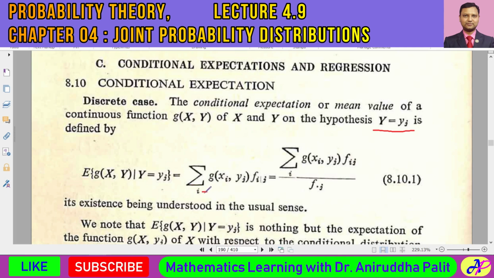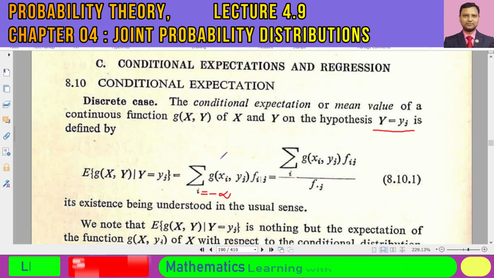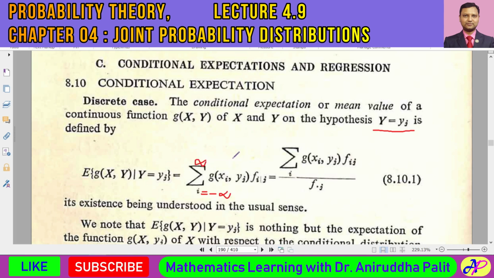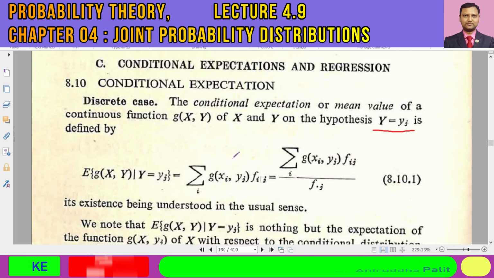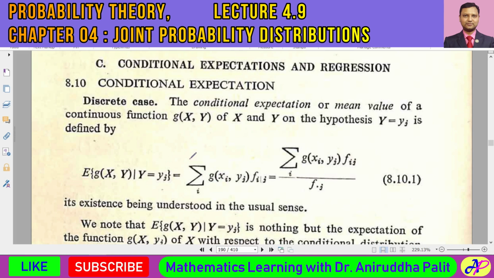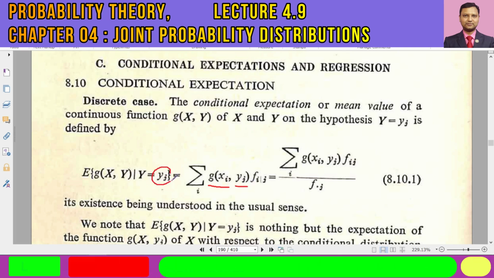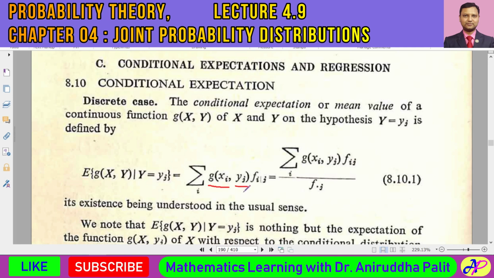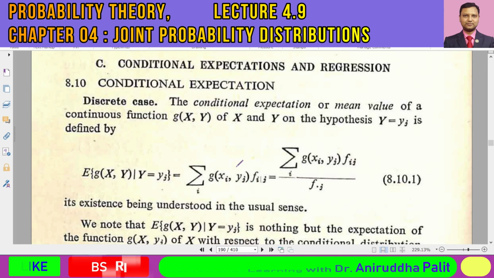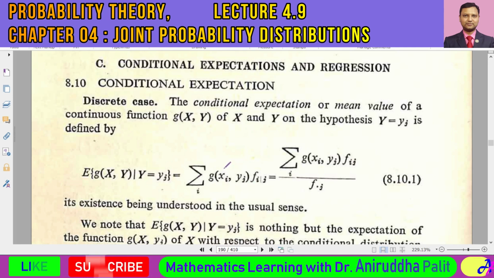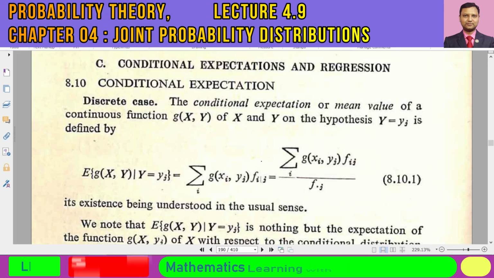Theoretically i should vary from minus infinity to infinity, and in place of g(x, y) we put g(xi, yj), because Y is already given to be equal to yj, and as it is an expectation over X, we put xi in place of capital X.